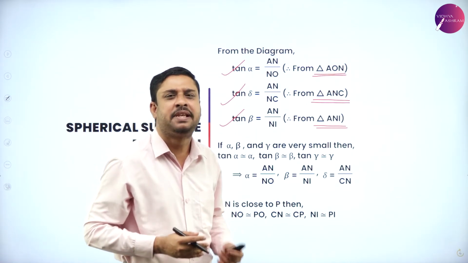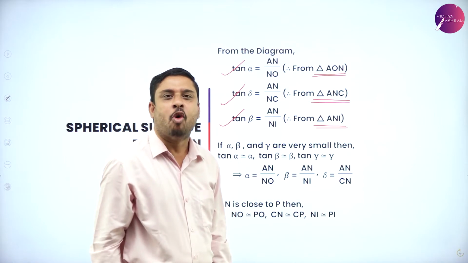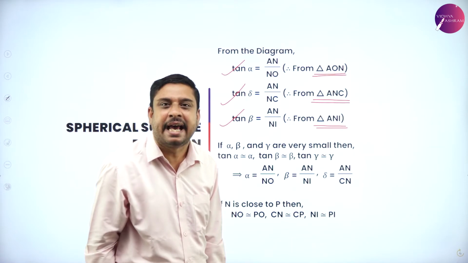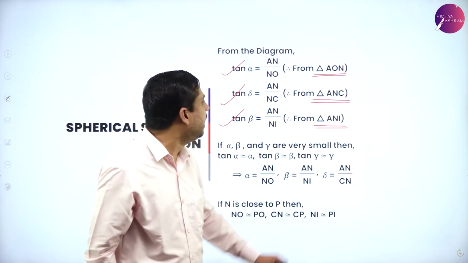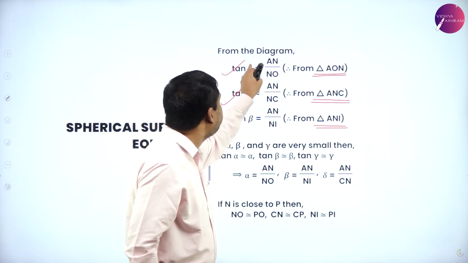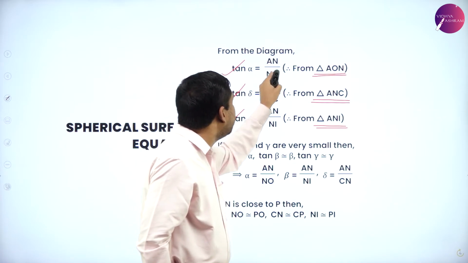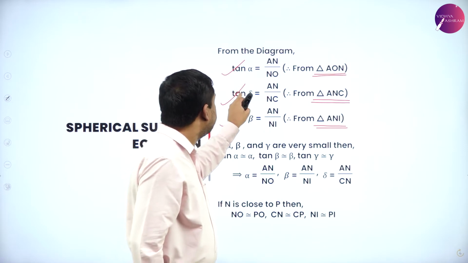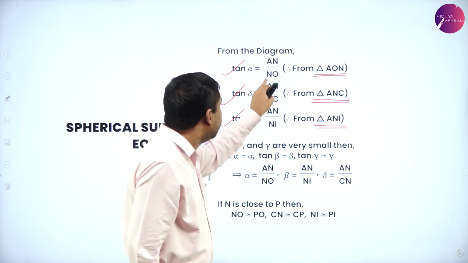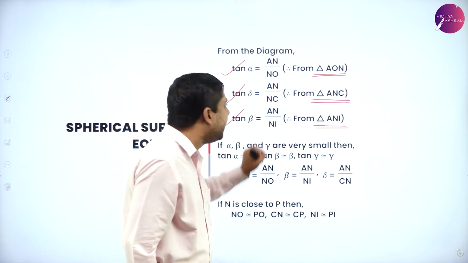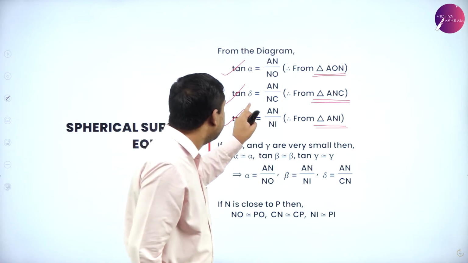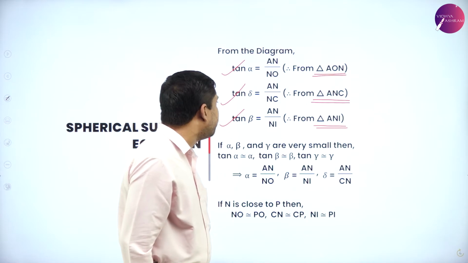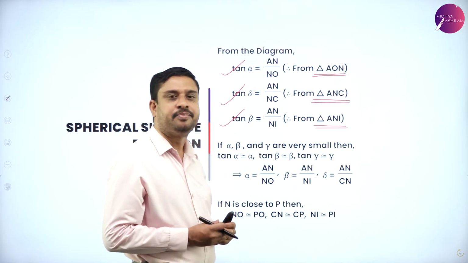Nothing deep here. That is only calculation of tan angles from the triangles. Tan alpha, AN divided by NO. Tan gamma, AN divided by NC. Tan beta, AN divided by NI.